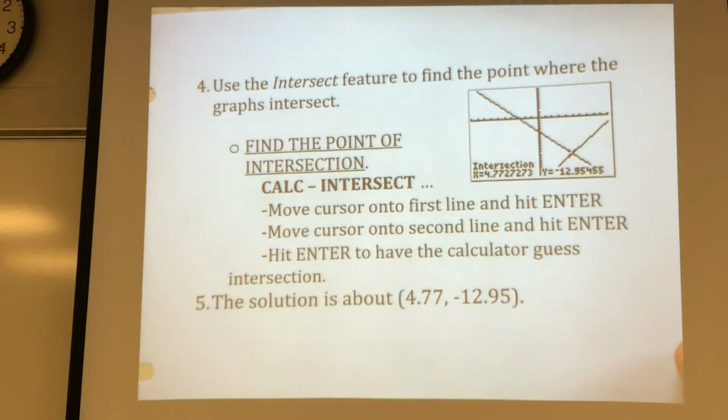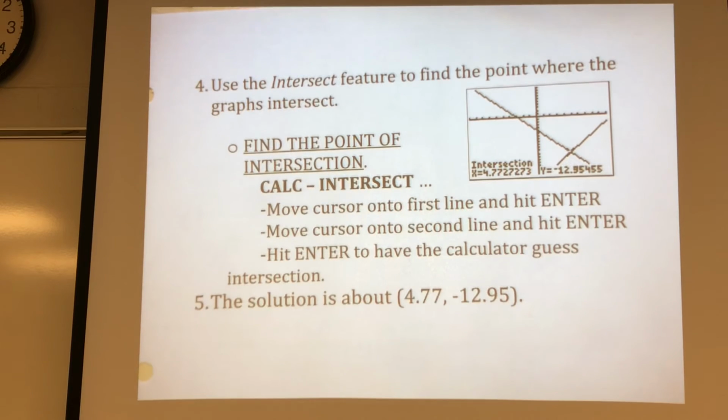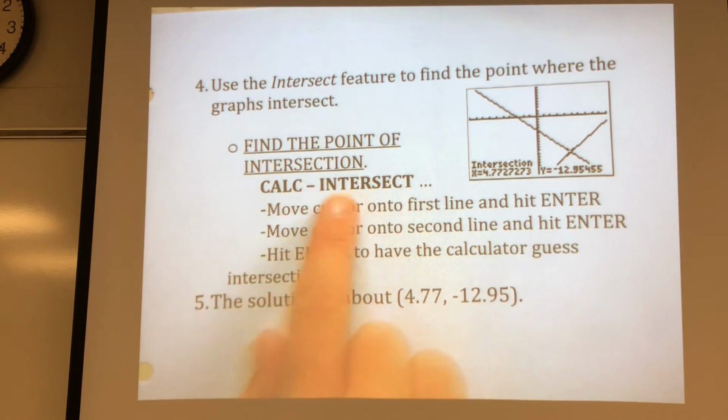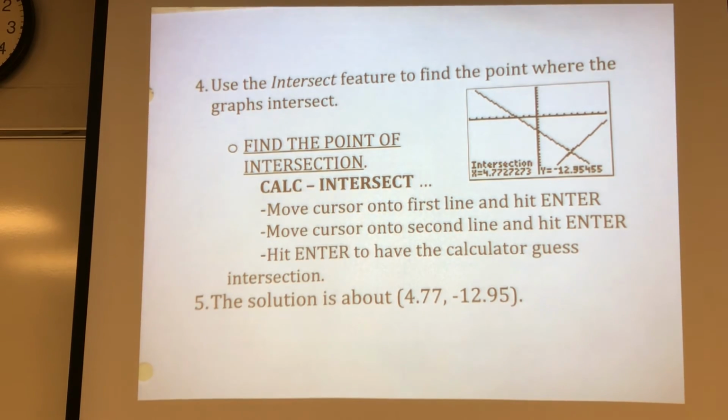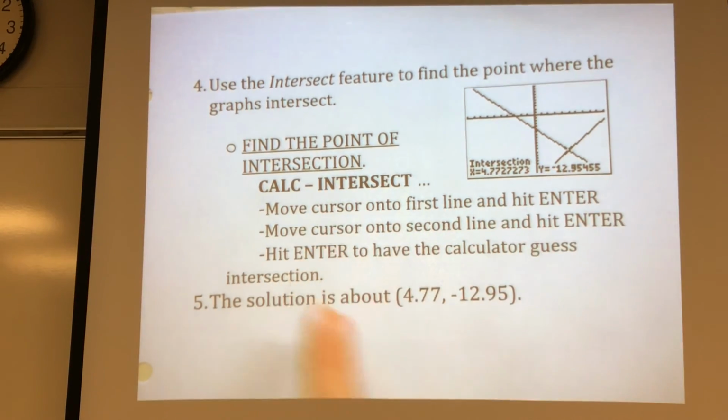All right, after you see the intersection on your screen, you're going to use your intersect feature. So you're going to go to Calc, choose Intersect, then you basically hit enter 3 times. Enter, enter, enter. And the calculator gives you the intersection of those 2 lines. So Calc, Intersect, enter, enter, enter.